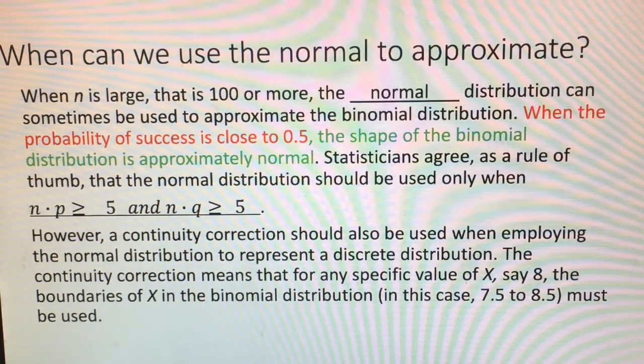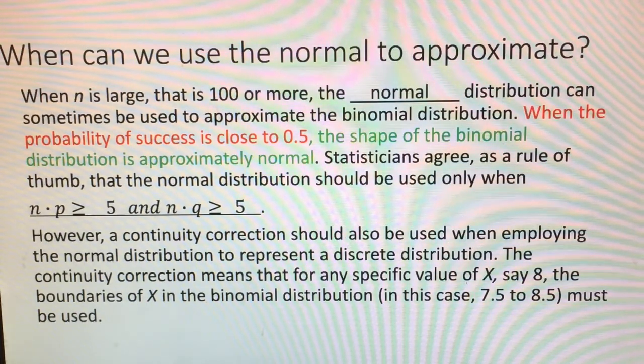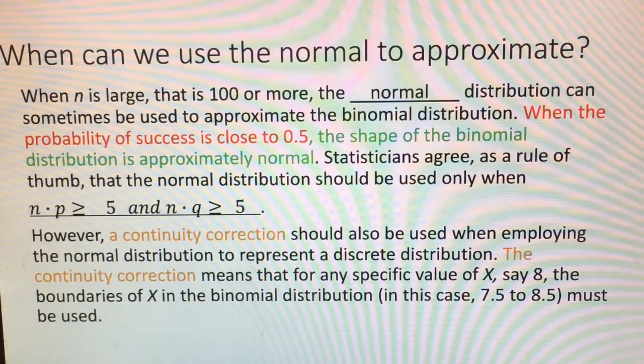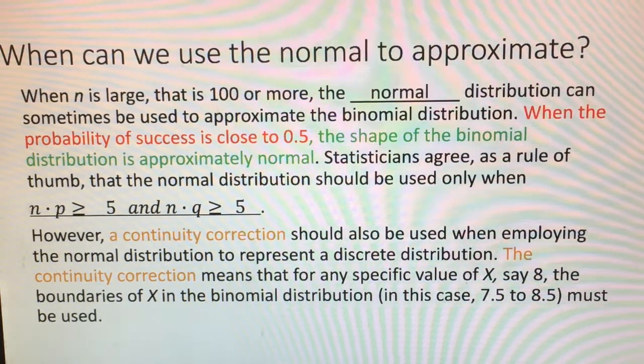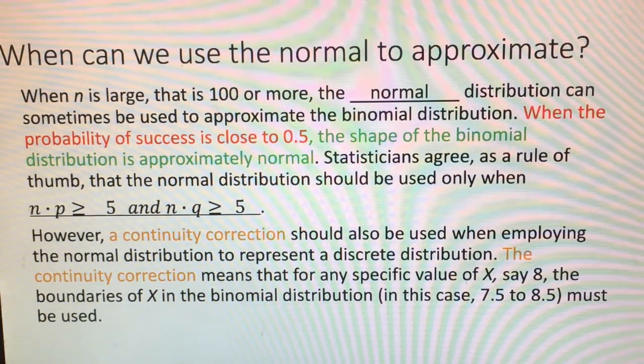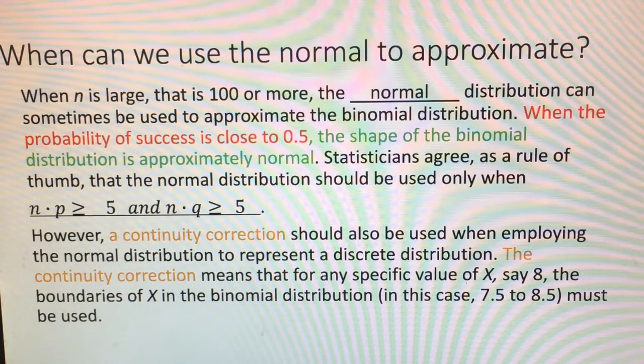So then it says, however, and now we have a continuity correction that's coming in here. A continuity correction should also be used when employing the normal distribution to represent a discrete distribution. Now remember, binomial is discrete.